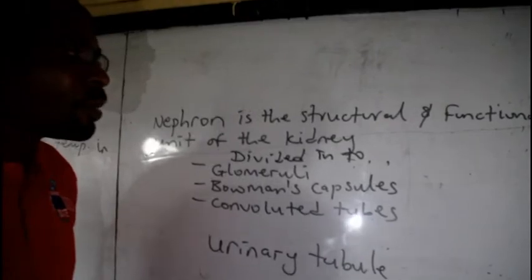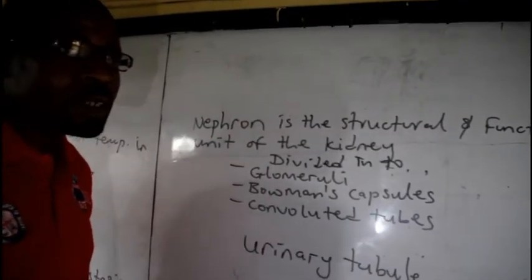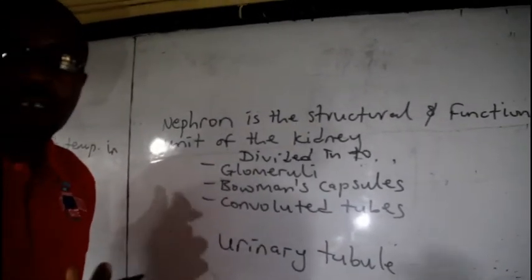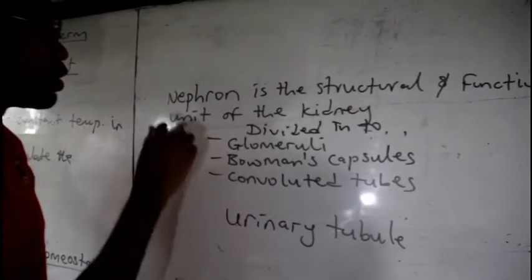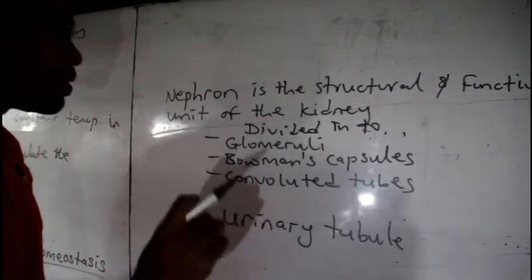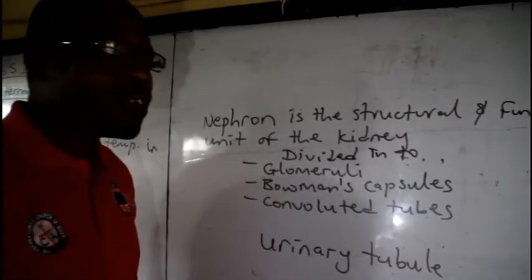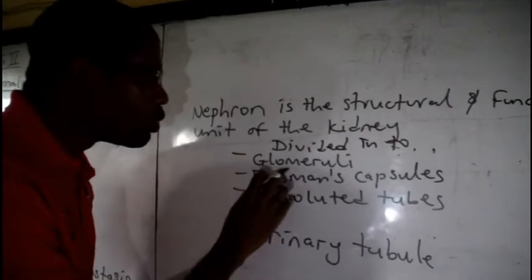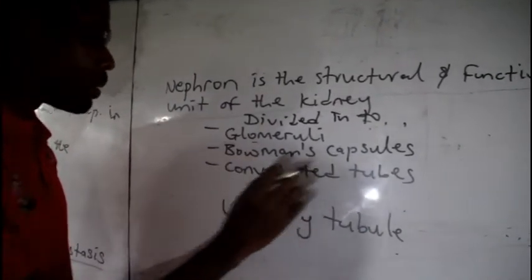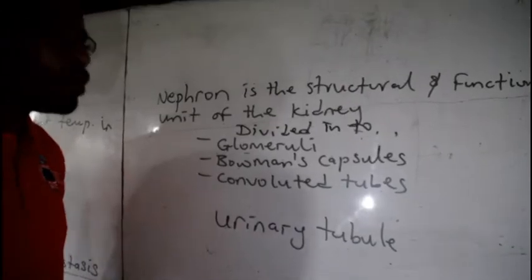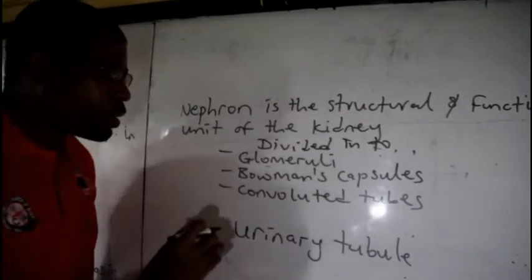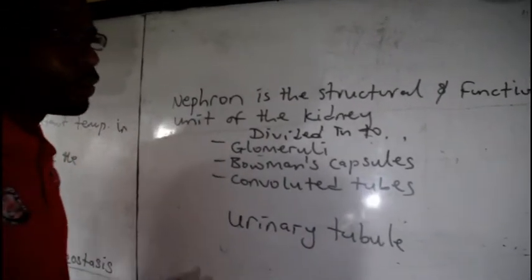That the kidney is able to filter the blood of impurity and carry out excretory function is because of the nephron. Now, this nephron is divided into three major parts. We have the glomerulus, we have the Bowman's capsule, and the convoluted tubule. These three sections make up the nephron.